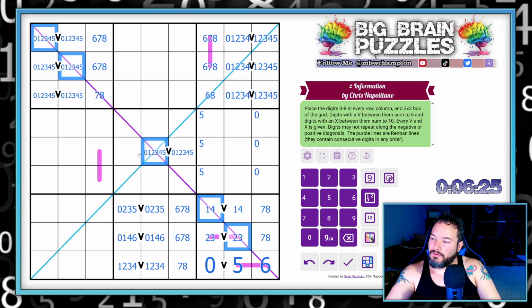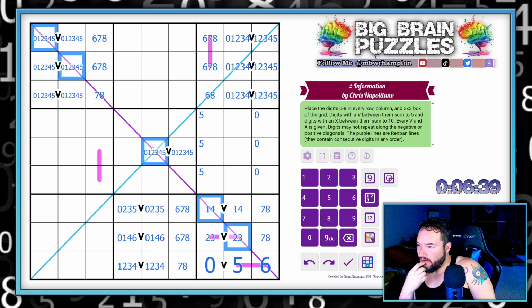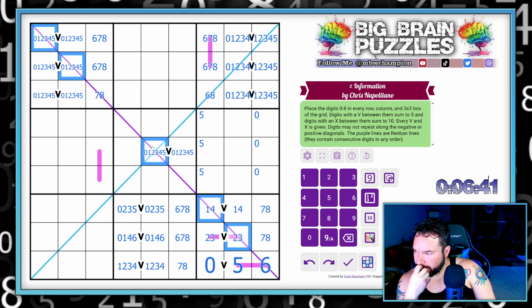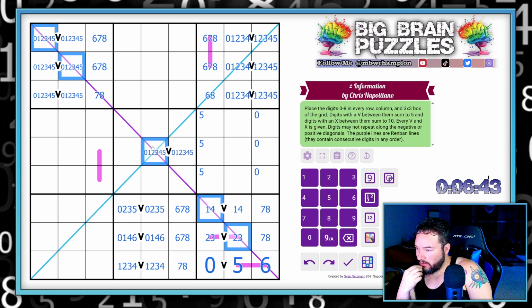Just trying to see if there's 6 digits here. So I was trying to see if it blocked out to have this be one of them. Cannot. So where do I want to go?